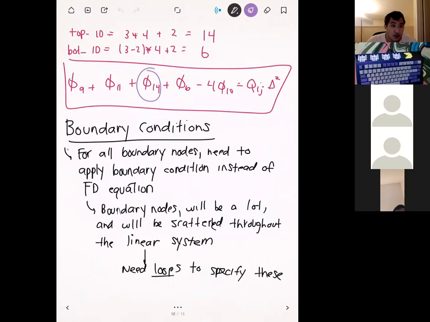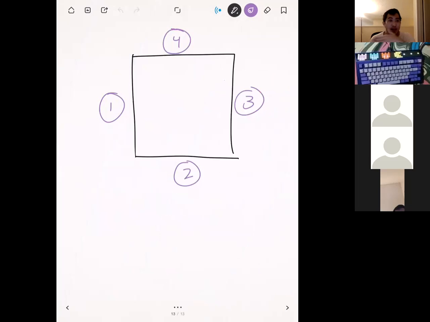Right. So that's why for this class we're going to ignore that. We're going to assume that everything on the same side has the same boundary condition, just for simplicity, because once you start making things more complicated, it gets to be kind of crazy. So just for the purpose of this class, we're going to assume everything on a side is the same.